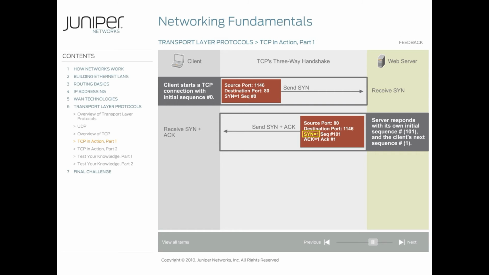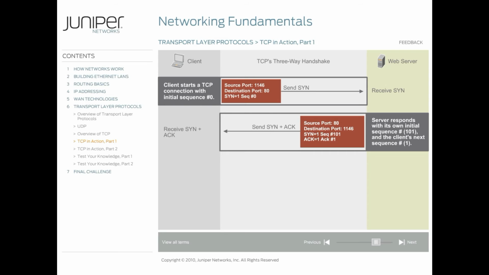The server turns on the SYN flag, indicating that it is also in the process of synchronizing sequence numbers with the client. Then the server includes its initial sequence number in the sequence number field. In this case, the server will begin with sequence number 101. The server also needs to acknowledge that it received the client's initial sequence number.